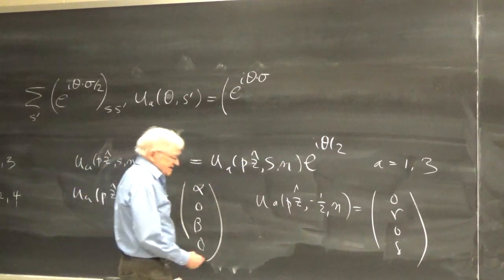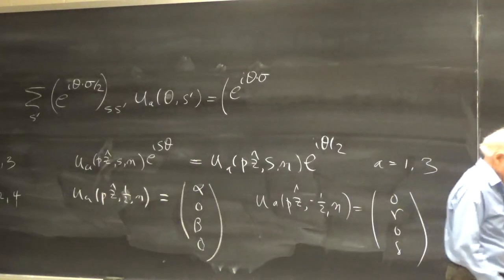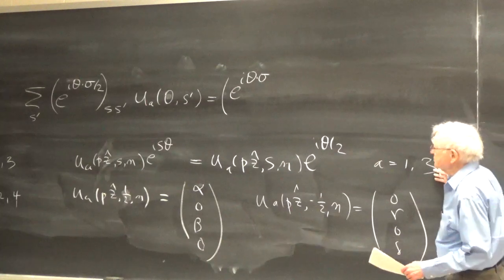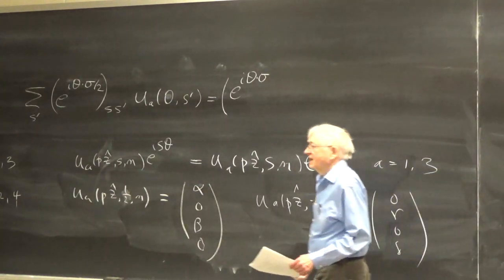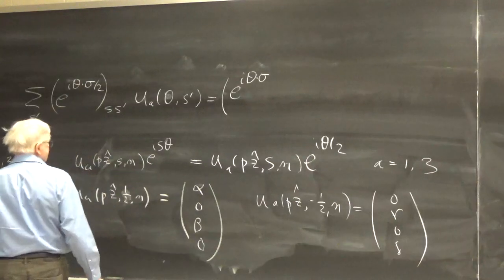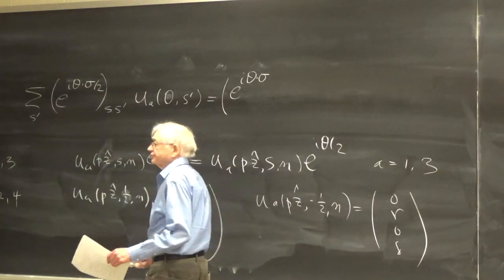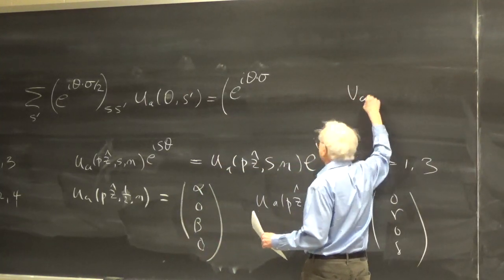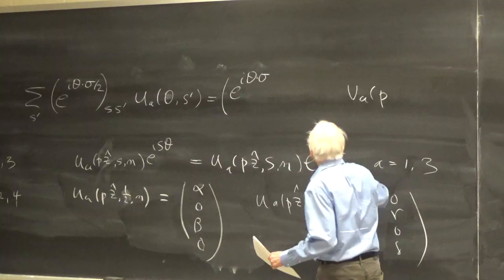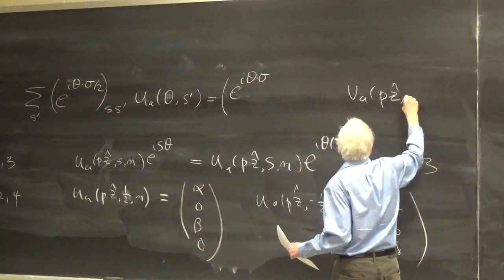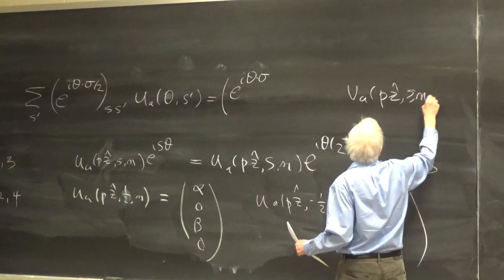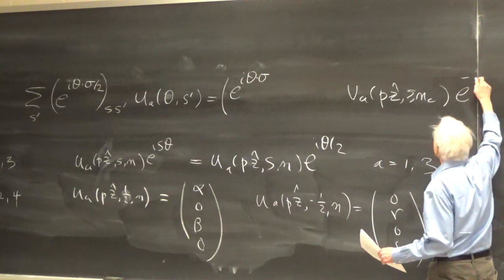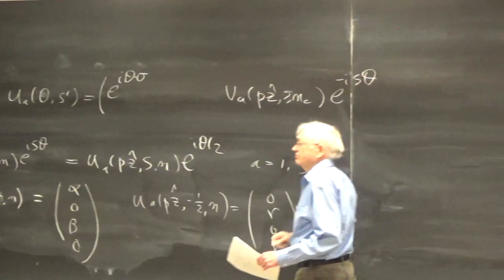Now, and of course, everybody believes this. What's subtle is how this works for the v spinors. And for v spinors, you see what we get is we have v_a of, let us put this in the z direction. This thing gets multiplied by e to the minus i s theta.